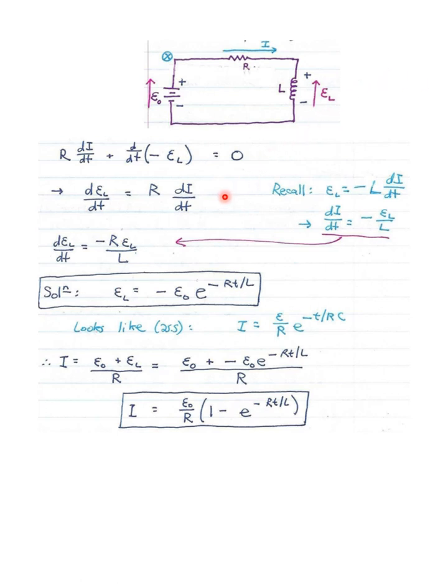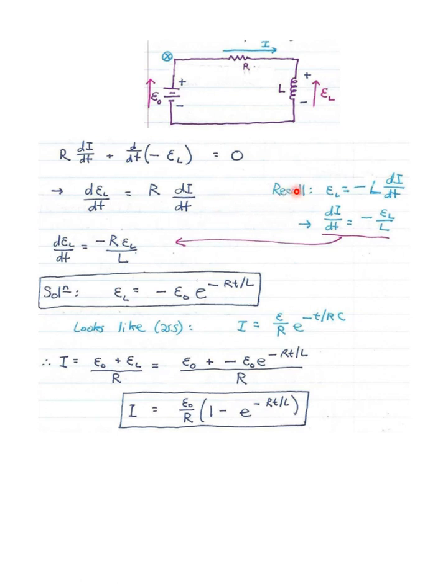Here we have it again. We'll rearrange these terms a bit for this line, and we get the time derivative of E sub L is equal to R times di dt. Now I'm going to do a little substitution here. The left-hand side, I'm not going to mess with that, but on the right-hand side, di dt.